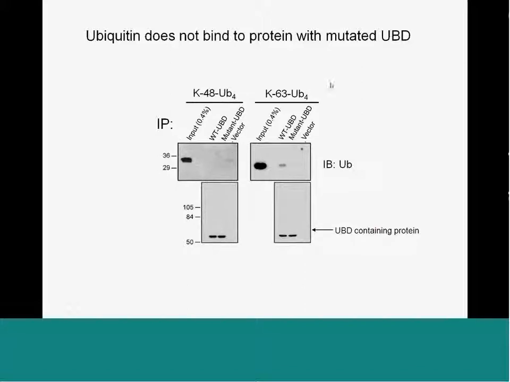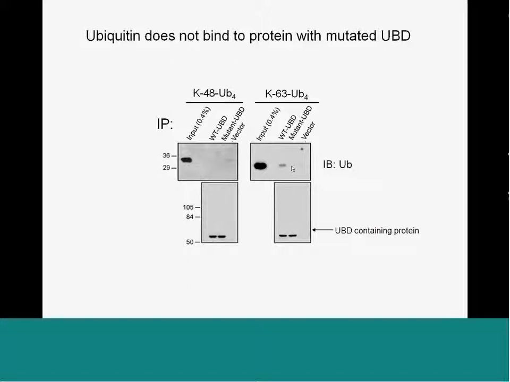Whereas K63 binds somewhat efficiently, I should say, to our immunoprecipitated protein, and not to the mutant. So this has led us to conclude that perhaps our protein has a ubiquitin binding domain that prefers K63 link chain versus K48 link chain.